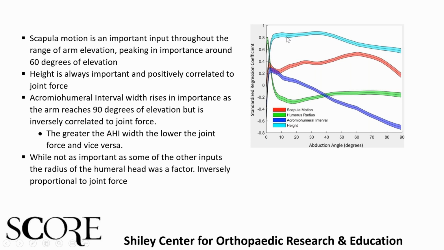We also see how height is always important. It's throughout the range of motion. It's an input parameter that really has an impact on the output, on the joint force. And then the acromiohumeral interval width rises in importance as the arm reaches 90 degrees of elevation, but is inversely correlated to joint force.